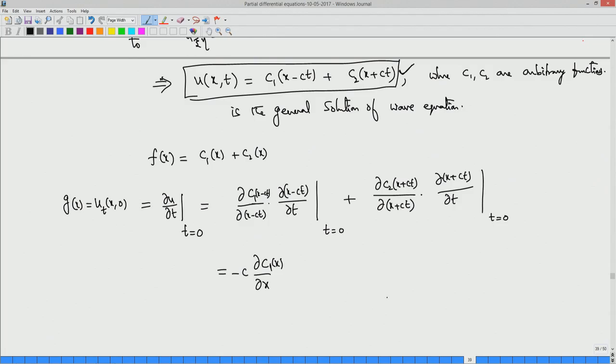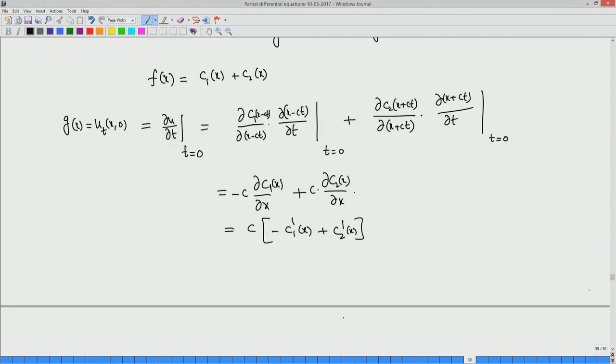And plus dou C2 of x divided by dou x into c, and when you put t equal to 0 you get c. So, this together will give me minus C1 dash x plus C2 dash of x. So, this is what is my left hand side, g(x).